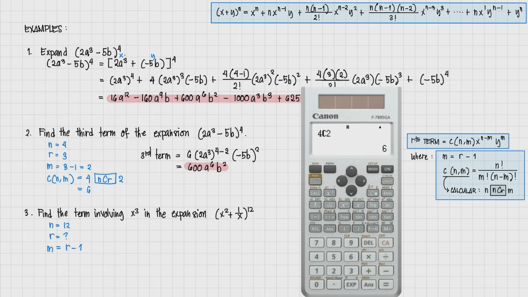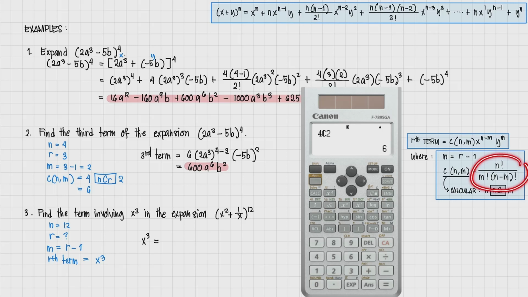So, from our formula, basically, it says here, yung given sa atin, r-th term is equals to x raised to 3, right? So, x raised to 3 is now equals to, so yung ating c and m. So, maybe we could use this formula instead.